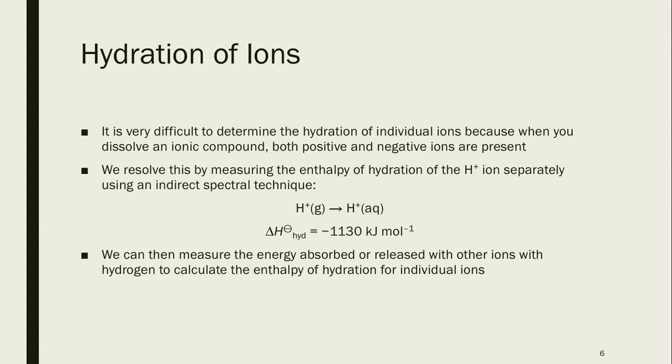Converting the gaseous hydrogen ion into an aqueous hydrogen ion gives us an enthalpy change of hydration of negative 1,130 kilojoules per mole. With this as our reference, we can then measure the energy absorbed or released with other ions with hydrogen to calculate their enthalpy of hydration for individual ions.